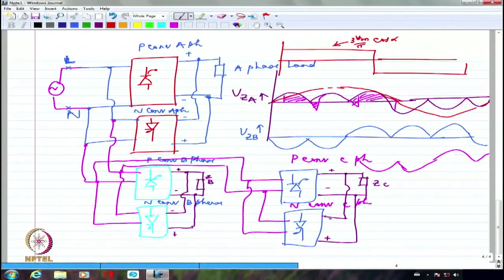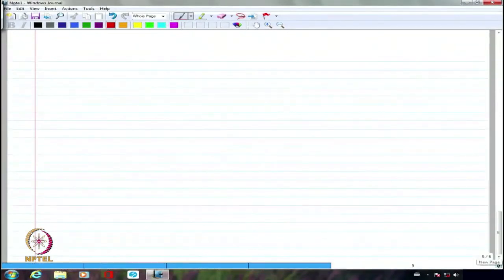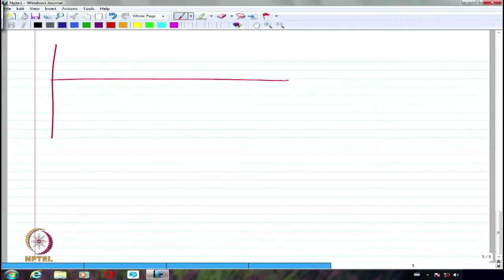So motor drives will not accept generally anything other than sinusoid. So how am I going to really get a sinusoid? That's what we'll have to think about. So if, let us say, my output wave is having maybe 5 or 6 half cycles like this.